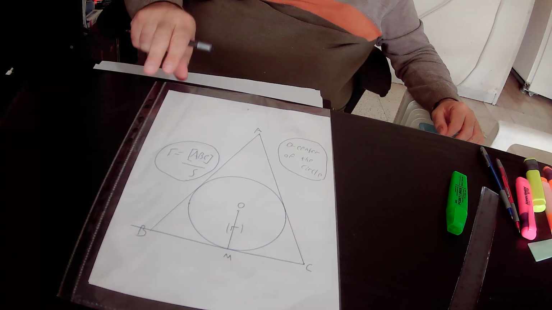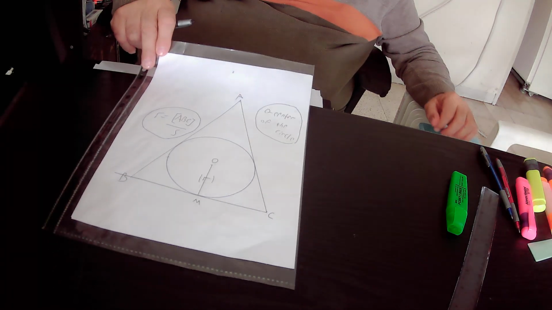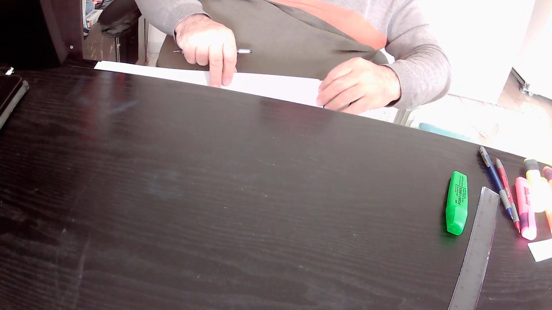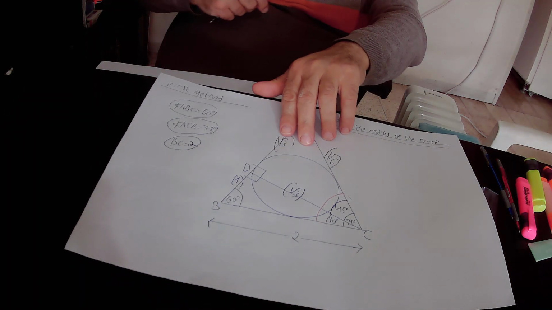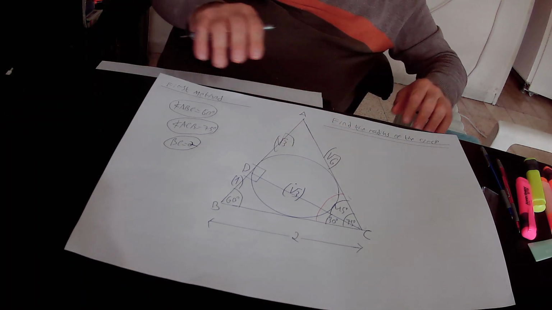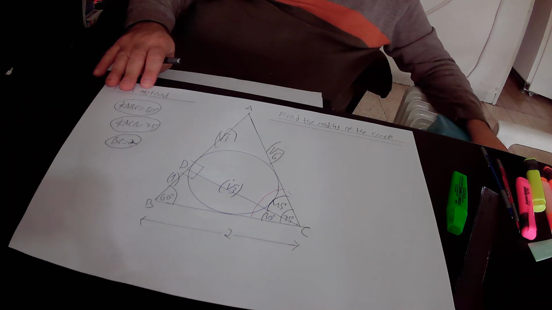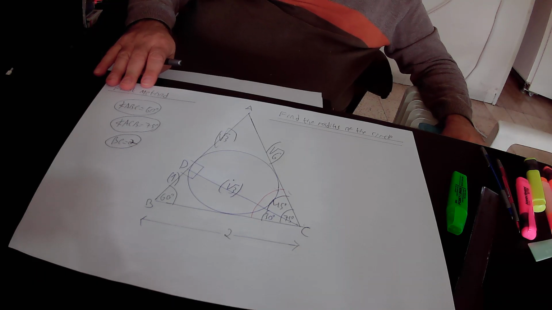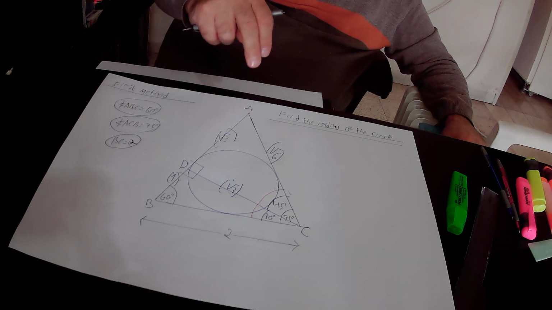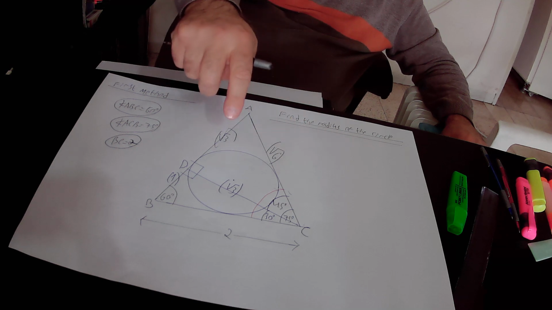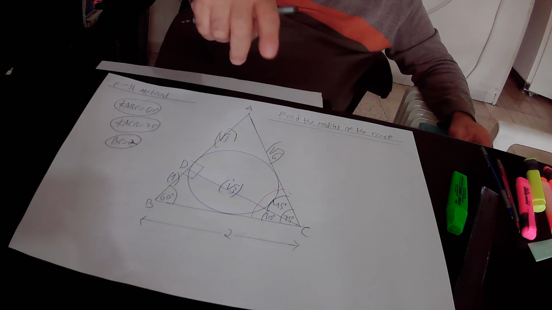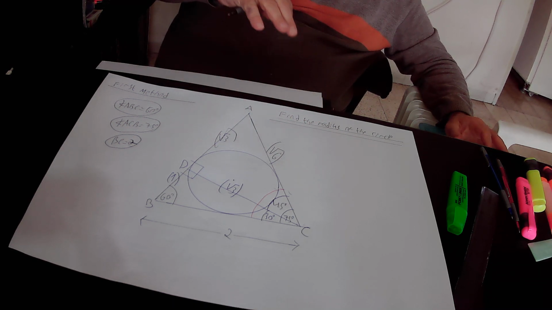So we can actually implement rule number 15 in our drawing. We can implement rule number 15 whenever we have a circle that is described by a triangle. Here we have this circle that is described by triangle ABC, therefore we can implement rule number 15.